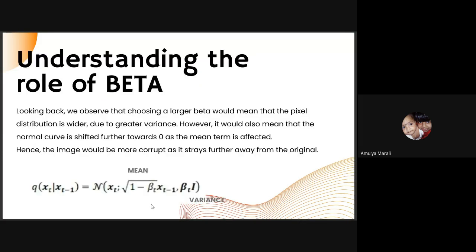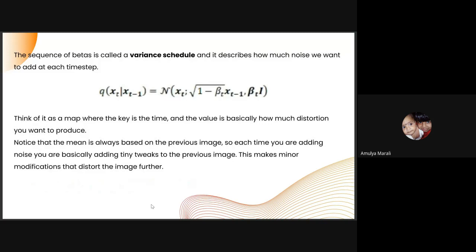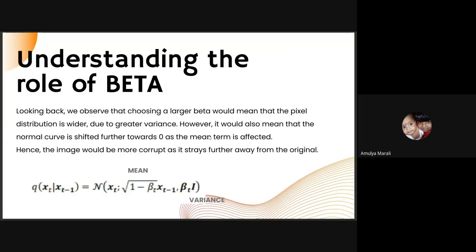Now beta is an important thing in deciding how much noise has to be added. Let's understand the role of beta. We already know that the variance schedule, that is nothing but beta, takes care of how much noise has to be added at every stage.